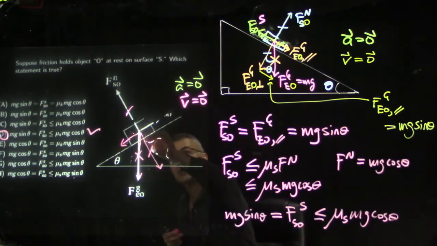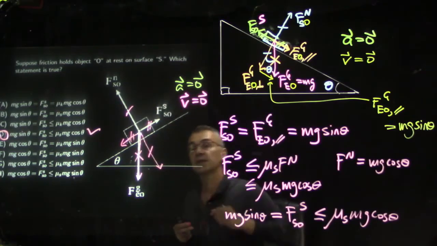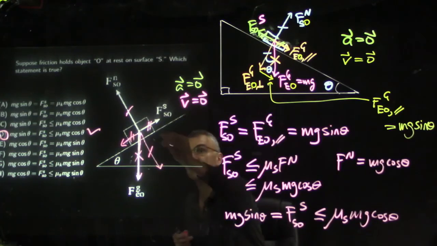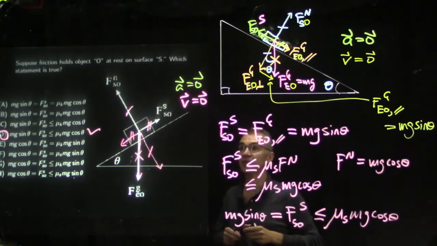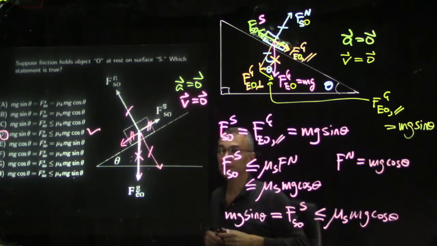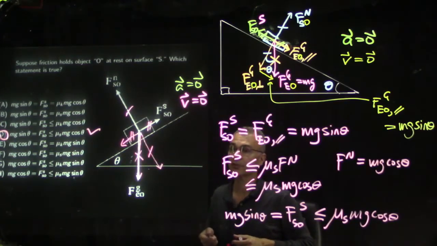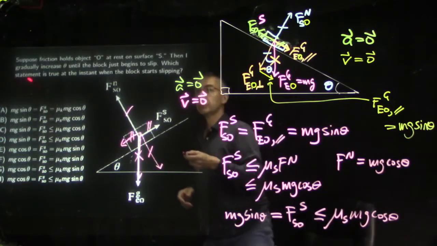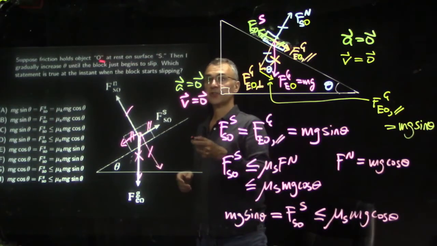We know that this downhill component has to be balanced by the static friction force if the object is held in place statically. By the way, it's important to cross off this original gravity arrow when we decompose it so that we don't accidentally count it twice. That's why we crossed it off. We crossed it off so that we remember we've redrawn it in the form of its components.